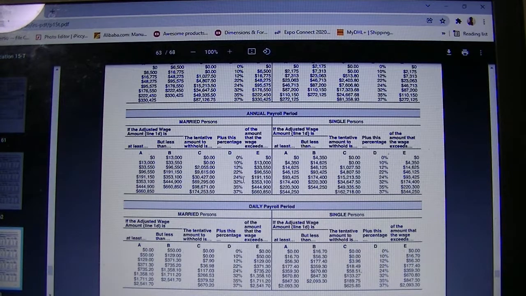So annual, at least but less than. And then if you are going to collect as a married person, then you see where the salary lays. So $200 is between 0 and 13,000 for the year.